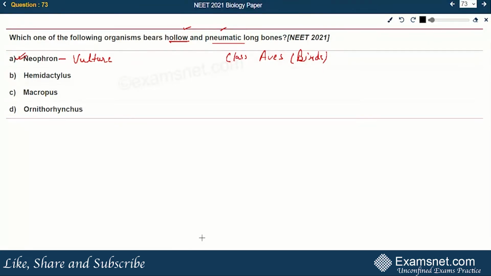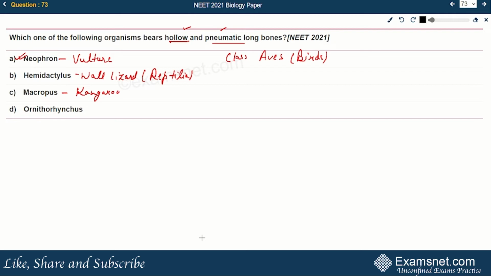Let's see what are the other options. Second one is Hemidactylus. What is Hemidactylus? Wall lizard. And which class does this belong to? It belongs to the class Reptilia, right? Now the third one is Macropus. Macropus means kangaroo.